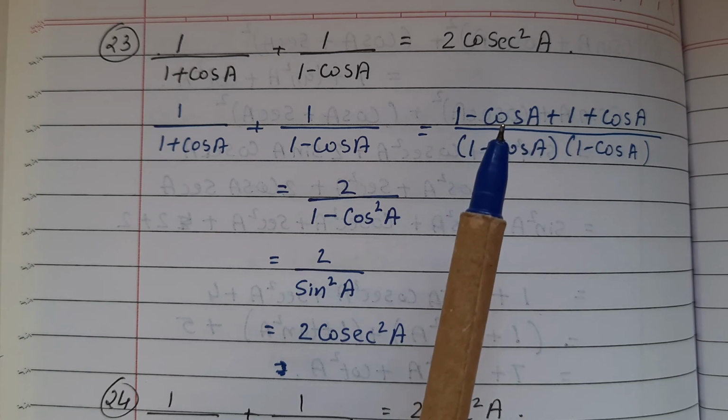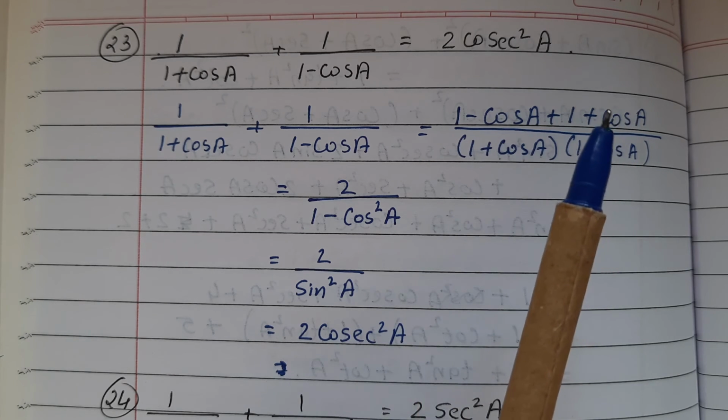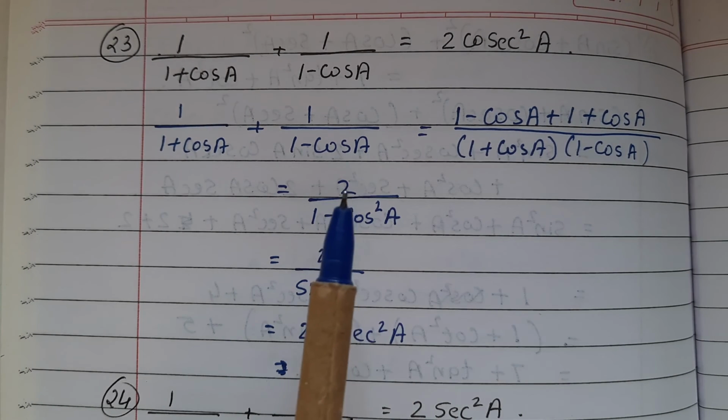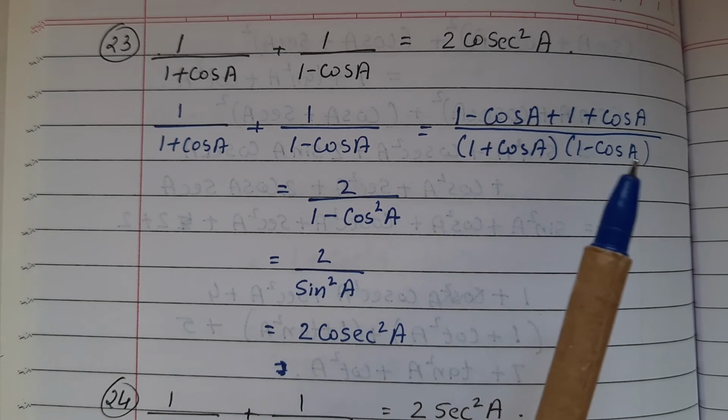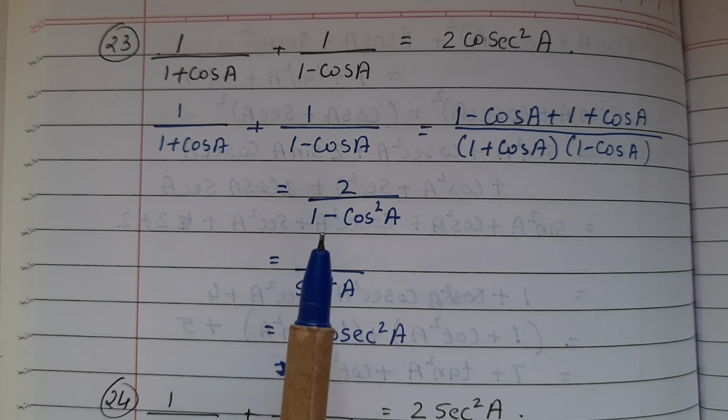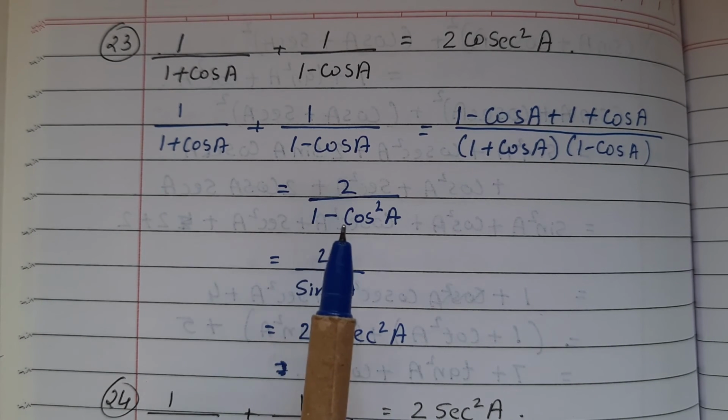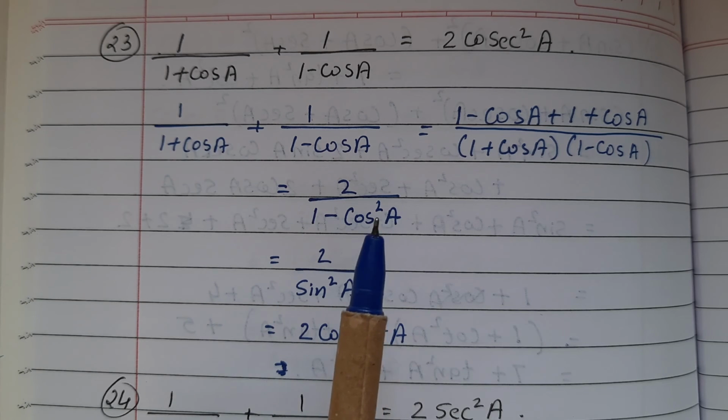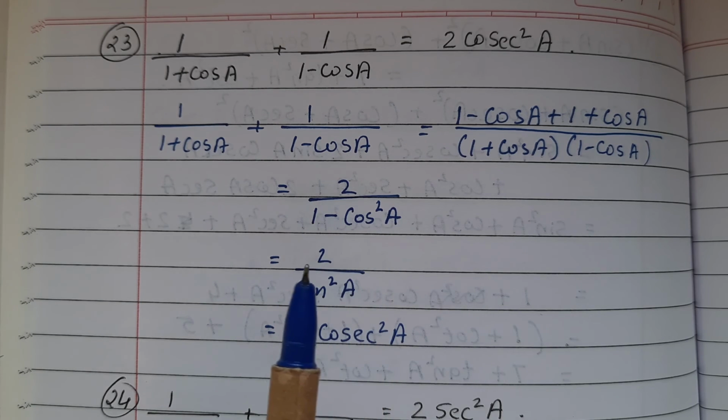Plus cos A minus cos A cancel each other. 1 plus 1, 2. (A plus B) into (A minus B) is A square minus B square. 1 square minus cos square A. 1 minus cos square A is sin square A, equal to 2 upon sin square A, equal to 2 into 1 upon sin square A, which is cosec square A, equal to right hand side.